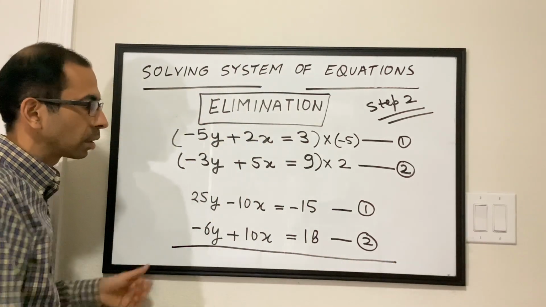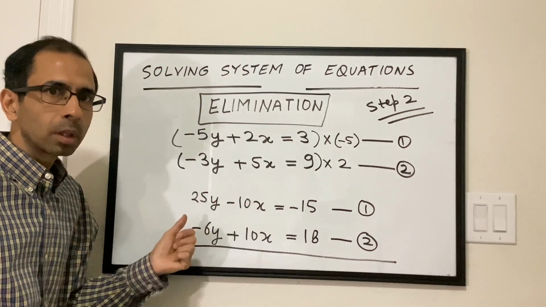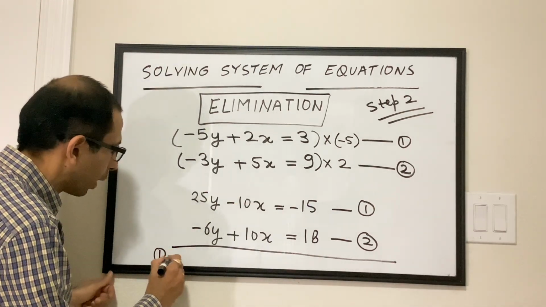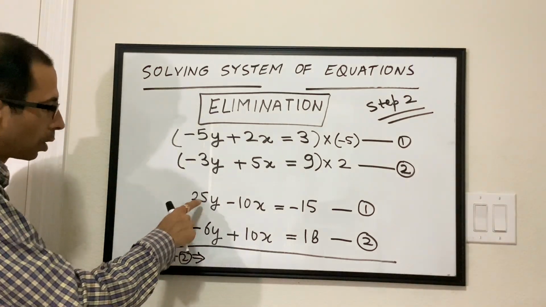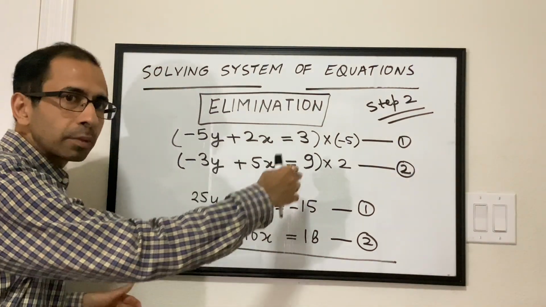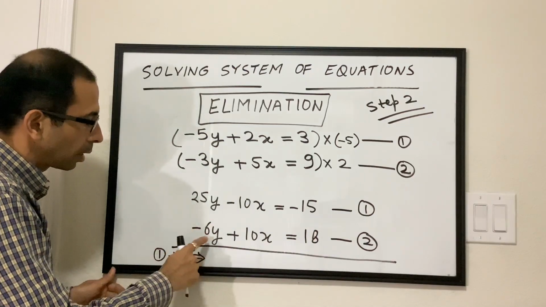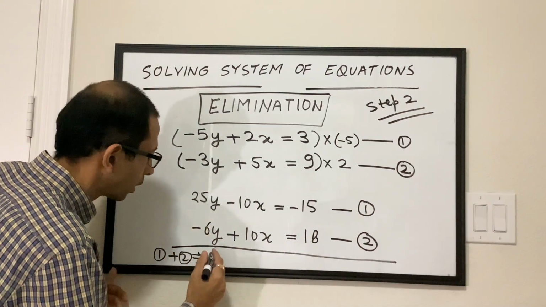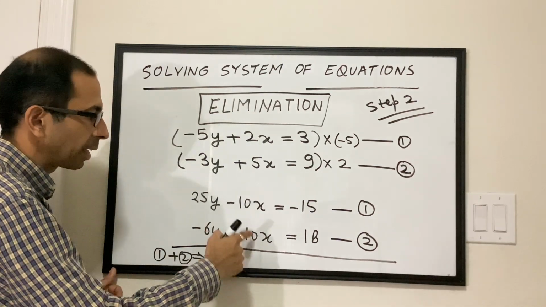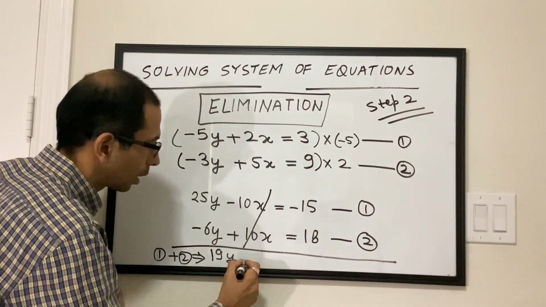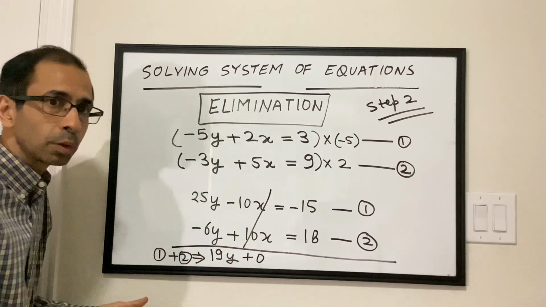Once we have done this, we are going to add both the equations. We are going to do 1 plus 2. When we do 1 plus 2, we're going to add each of the respective terms. So 25y minus 6y is going to be 19y. Minus 10x plus 10x cancels out, becomes 0. This is what we wanted.